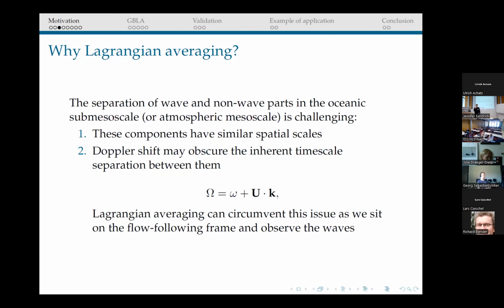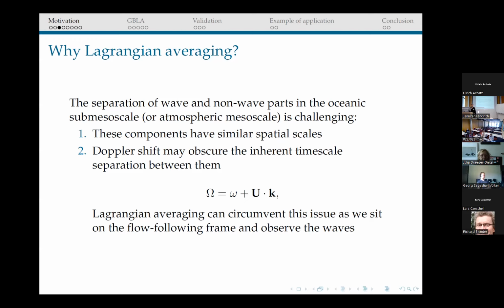In the next few slides, I want to make a case that Lagrangian averaging is much more powerful than Eulerian averaging. One of the reasons is that Lagrangian averaging is probably our most reliable tool if we want to separate the wave and non-wave part in oceanic submesoscale or atmospheric mesoscale, for two reasons.